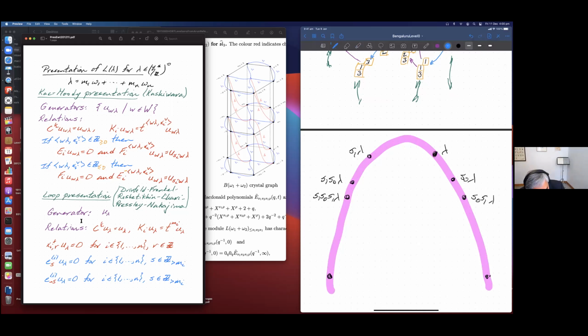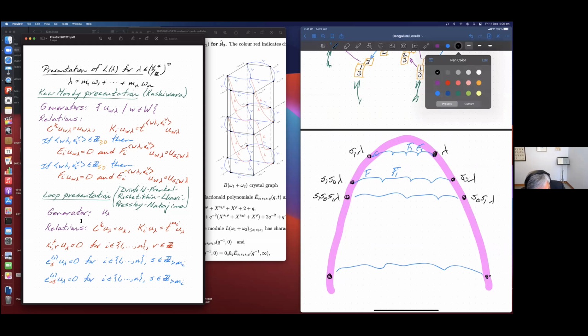And then the action of the F's is going like this: F1, F1, F1, F1. And the action of the F0s is going like this.